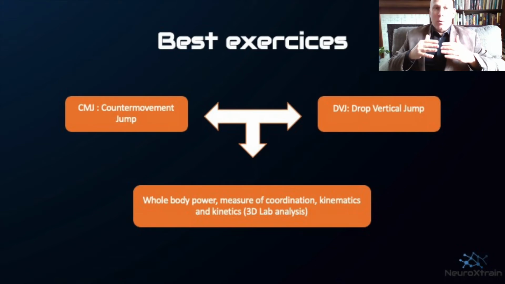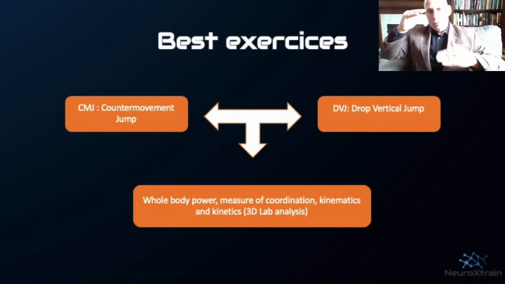For example, if you do your counter movement jump and look at your max vertical height, we've always done both. So we take a counter movement jump, we measure the max vertical height, and then we set a target up at that max vertical height, and we do a drop vertical jump test.